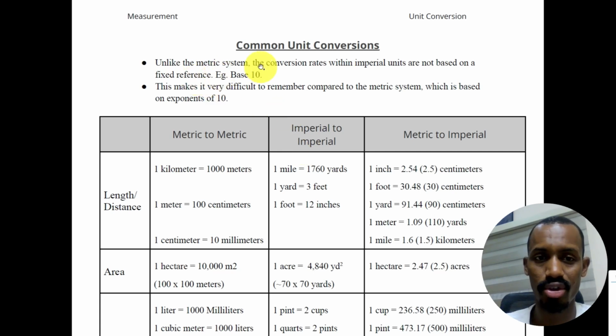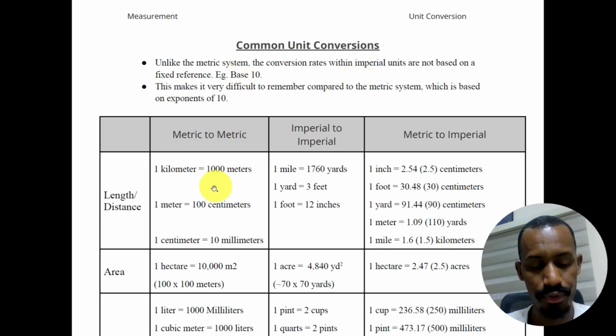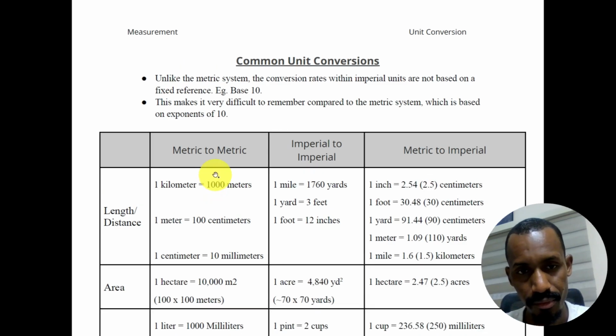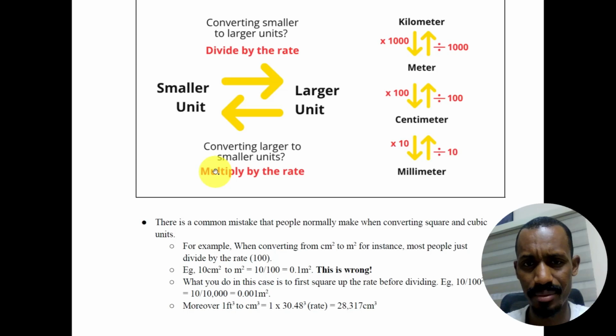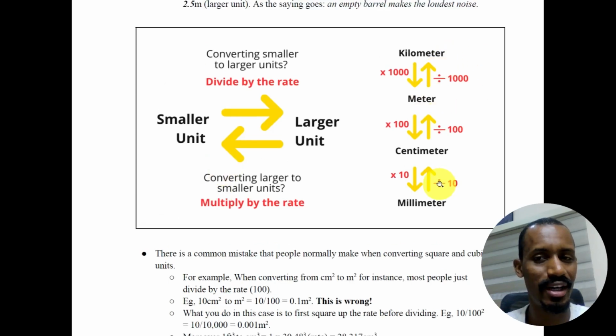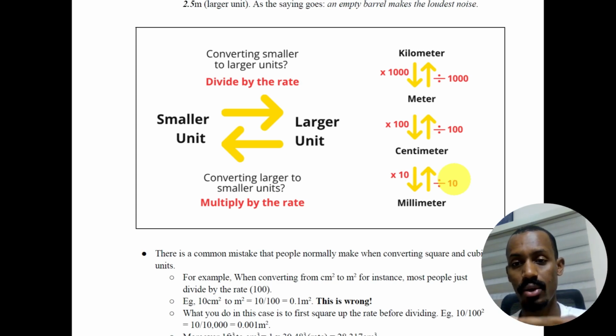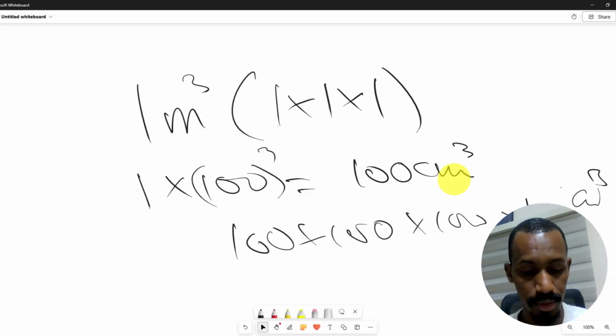Common conversions: unlike the metric system, the conversion rate within the imperial system is not based on a fixed rate, which is base 10. If you are moving from millimeters to centimeters to meters to kilometers, this is base 10. It's like 10, 100, 1000, and you just add the zeros. You will never see 50 or 40 there. You will always see multiples of 10.